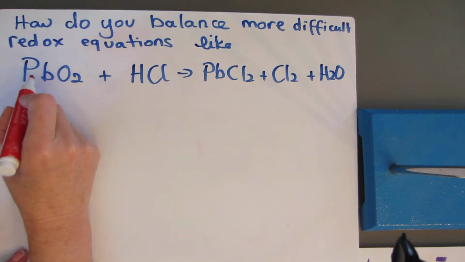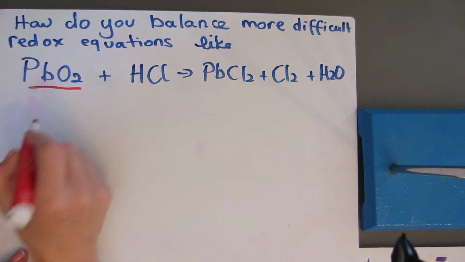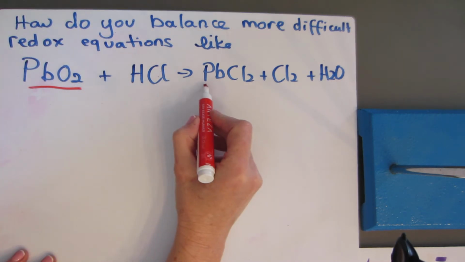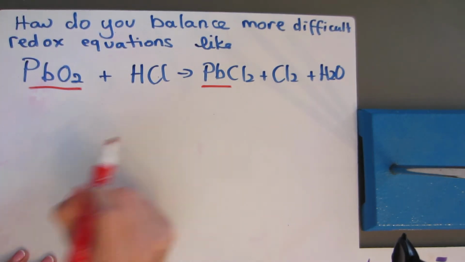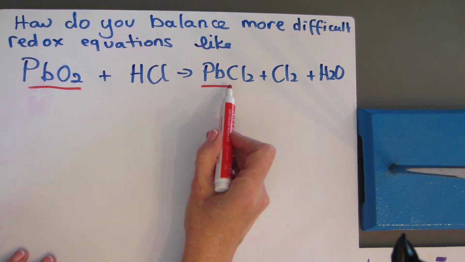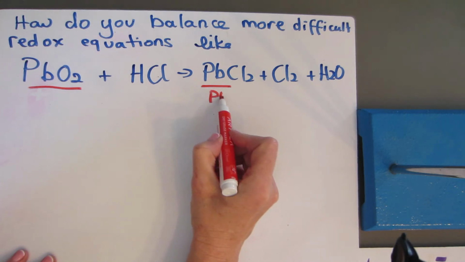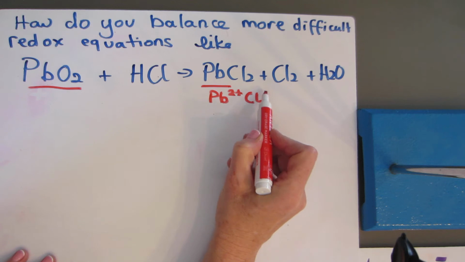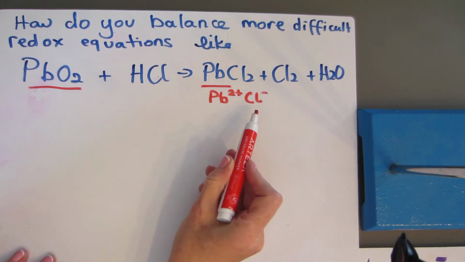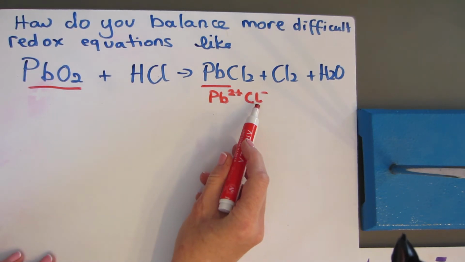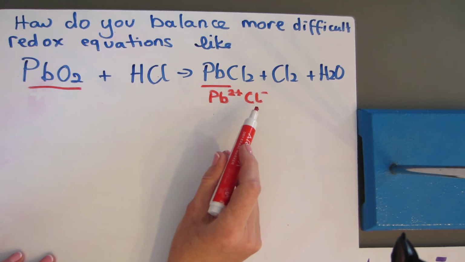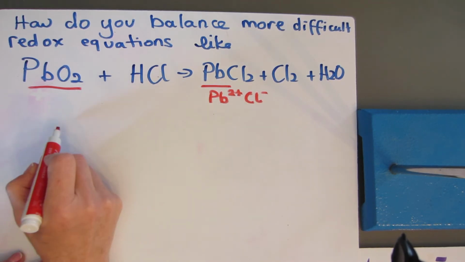So I'm going to choose the lead oxide at the moment, and I see that lead oxide ended up as Pb2 plus ions, because what do I have here? Pb2 plus, Cl minus. You will see that some of the chloride ions actually are spectator ions. We'll come to that in a minute.